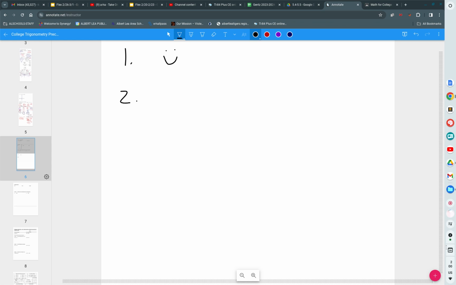I want you to know that problem 1 usually goes very well for people. For problem 2, look at what you're given. Are you given that sine or cosine is equal to something? You're given that tangent is equal to negative 4 over 3. So then you cannot use sine squared plus cosine squared is equal to 1 because you're given tangent.